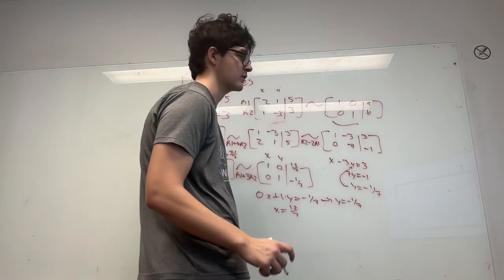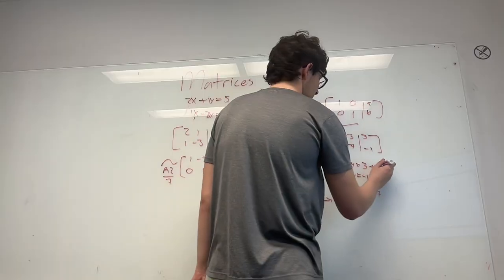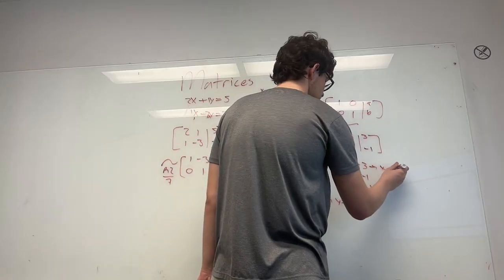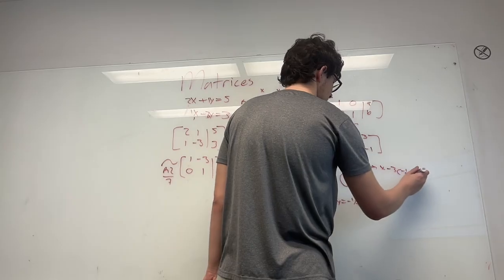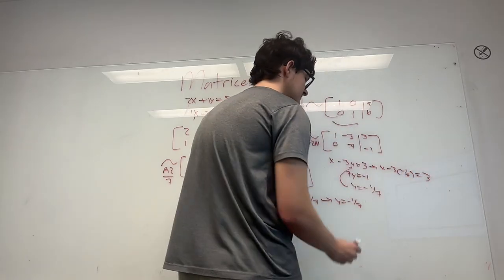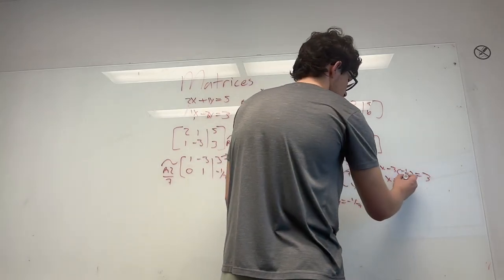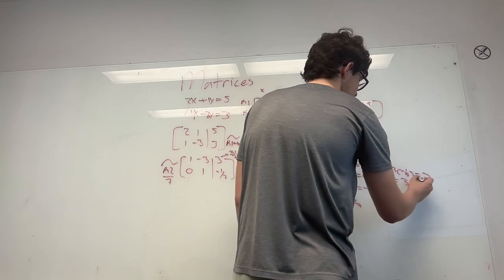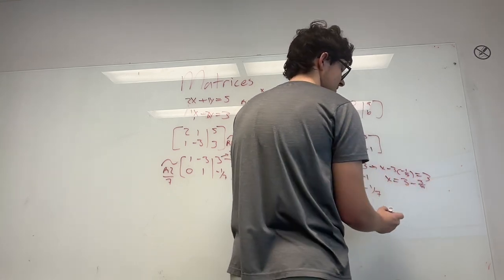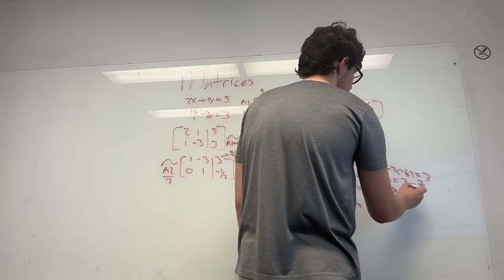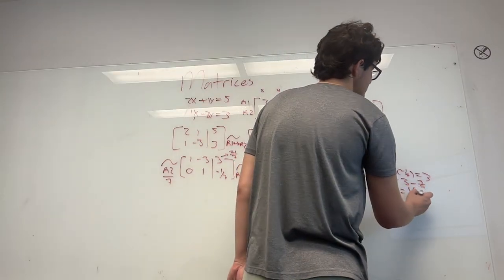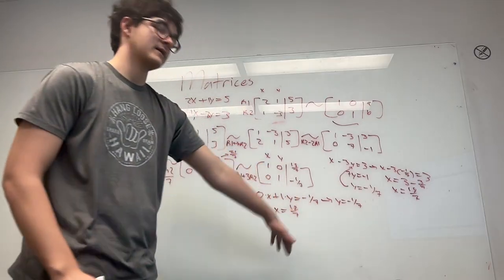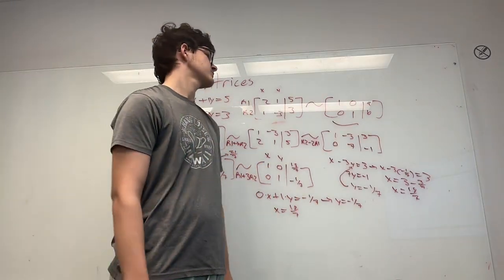This is what you've probably done before. And then we get x minus 3 times minus 1/7 equals 3. And then x equals 3 minus 3/7, which is kind of what we did. x equals 21/7 minus 3/7, 18/7. That is what we got right here. Math is pretty cool.